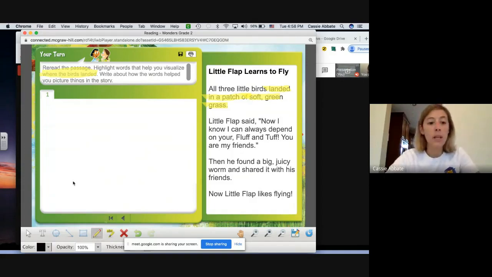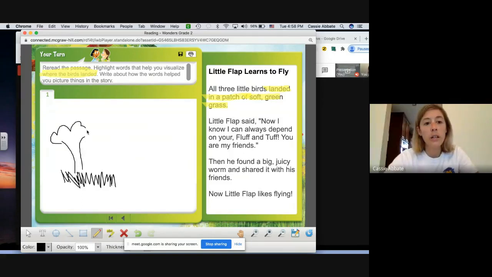So again, maybe you drew, so this pencil only has one color right now on here. So here's the grass, okay? So it even looks kind of fluffy. I'll just go ahead and draw like a little tree right here too, okay? And the birds jumped into this little patch of green grass.